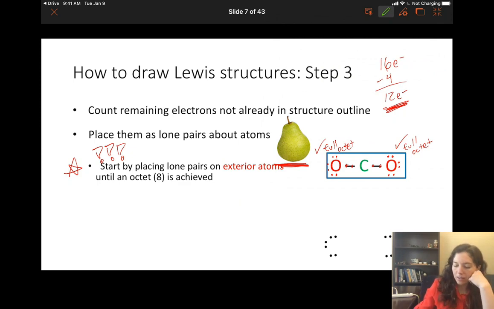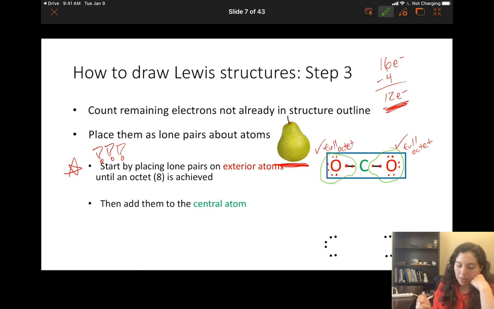We can see here that if we look at our shared electrons, we've got 8 electrons here and 8 electrons here, so it's happy. Now the next step, after you add electrons to your exterior atoms, is you want to put them on the central atom, if there's any left. But we've used all of them, so there are no more electrons left to put on our center atom.